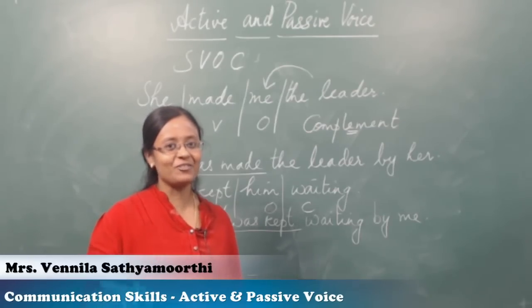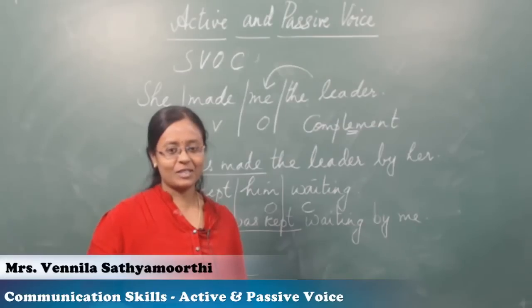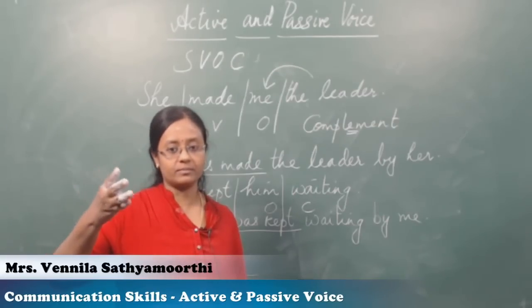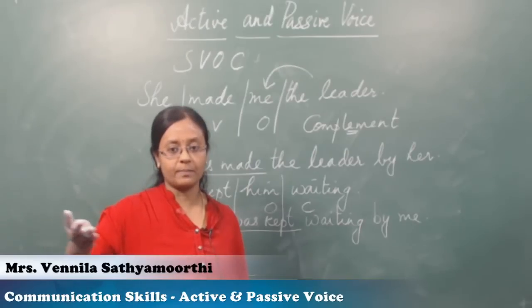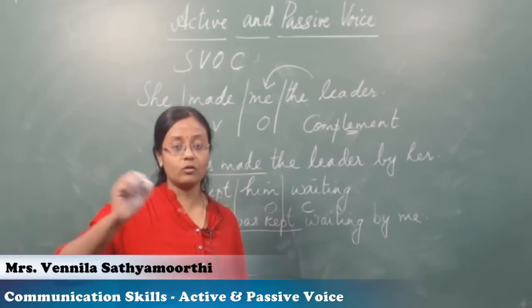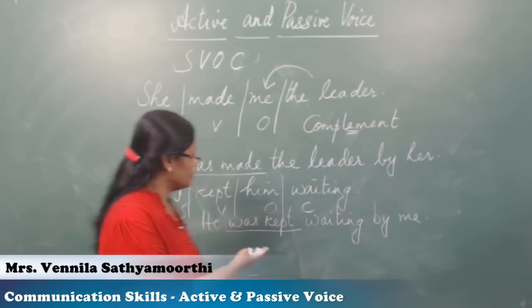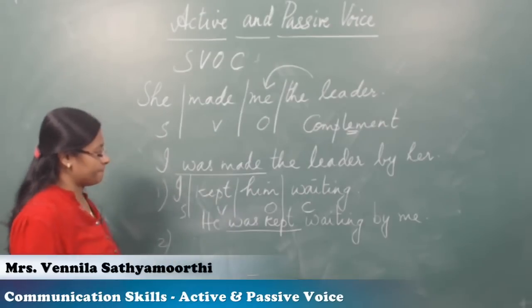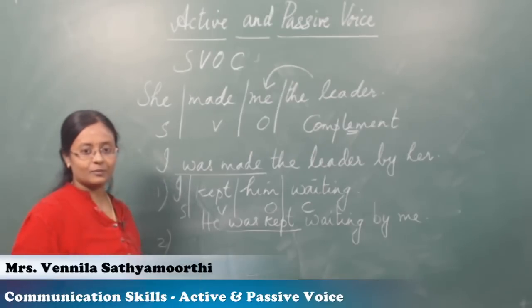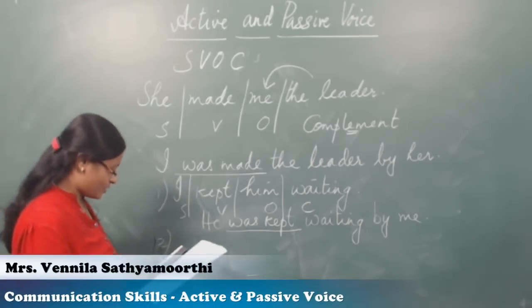Okay, there's a slight difference. "Was kept on waiting" just talks about the period of time, the duration, a longer period of time. I kept on waiting. I kept on writing. I kept on reading. But here it is just "kept." I kept him waiting. He was kept waiting by me. Okay.